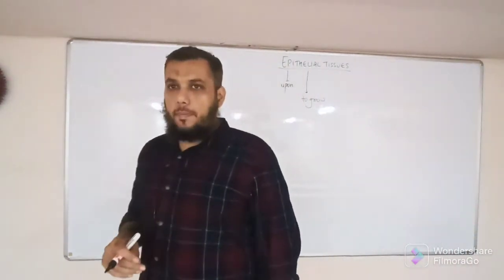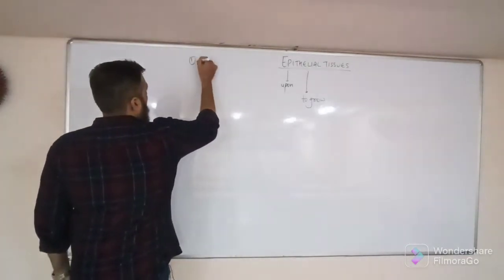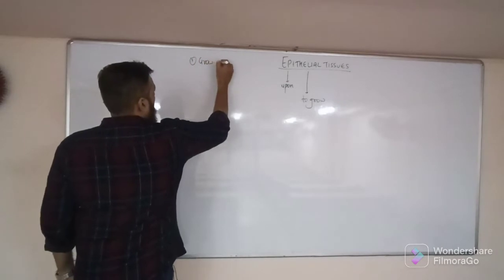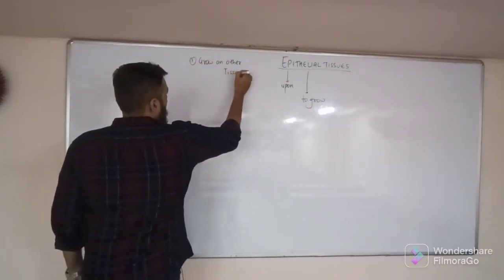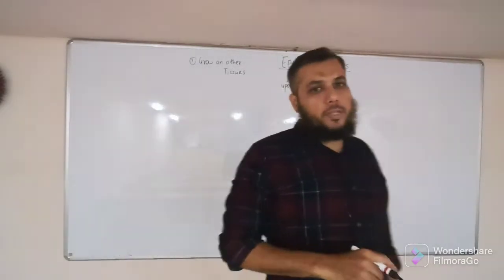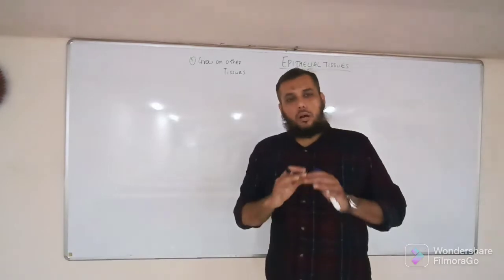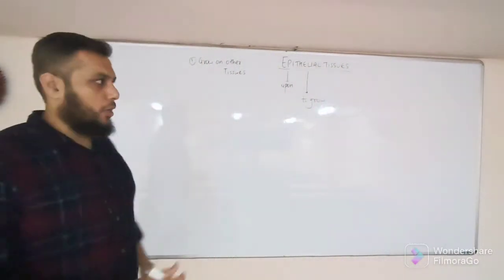That is what you mean by epithelia. So epithelial tissues grow on other tissues, as a result of which the epithelial tissues will form a covering over many other tissues of your body.